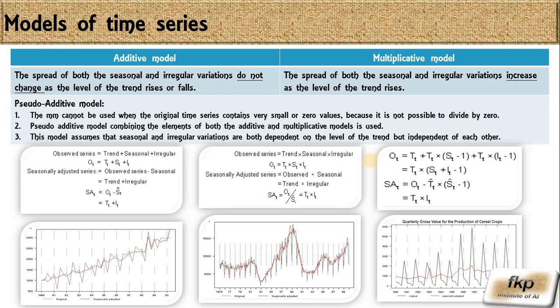When you observe that the seasonal and residual components don't vary with the trend component in the time series, then you can say you have an additive time series model.